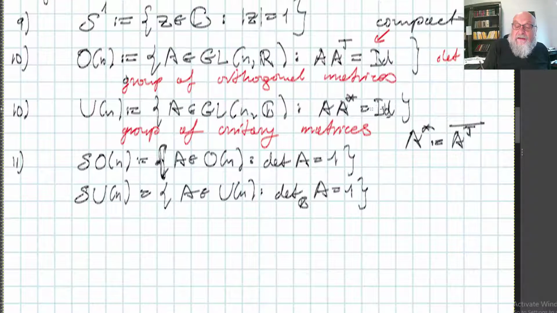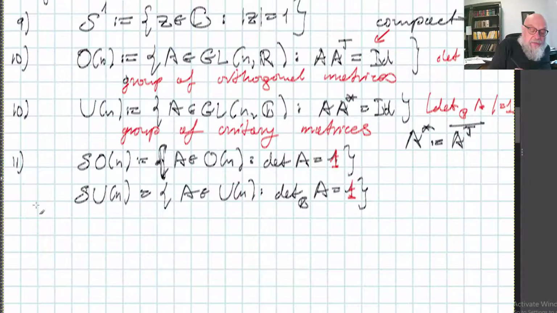And here this condition also implies that the complex determinant of A must be equal to 1 in absolute value, but here you just take it to be 1, and that's called special. So all these groups are compact groups, and we will spend time later on listing some of the other particular properties of these groups.